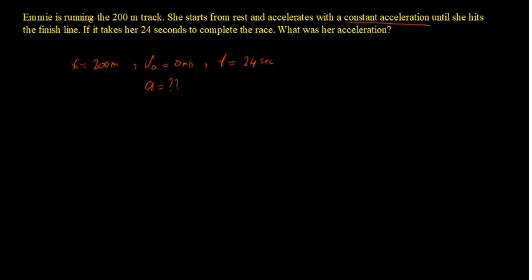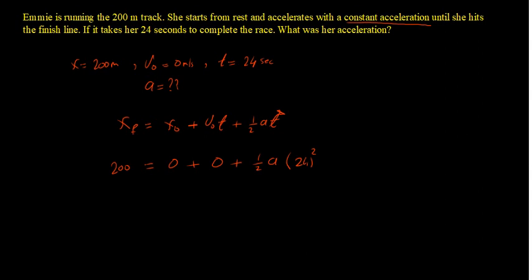So I can say x final equals x initial plus initial velocity times t plus half acceleration times the time squared. The final distance is 200, started from 0. The initial velocity is 0 times the time, which will also be 0. Then I have half the acceleration, and the time was 24 seconds squared.